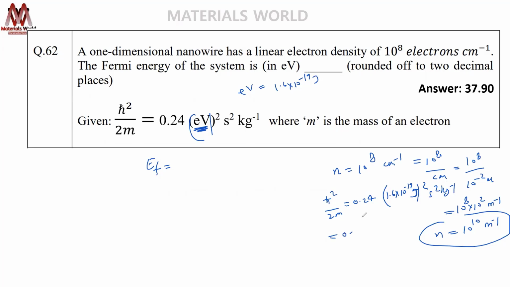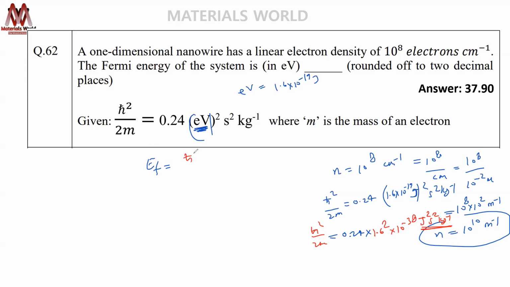So my 0.24 into 1.6 into 10 power minus 19 whole square. It is 1.6 square into 10 power minus 38, and it will become joule square second square kg inverse. Now everything is in SI. So my ħ square by 2m is also in joule and SI. Now I can get my E_F.